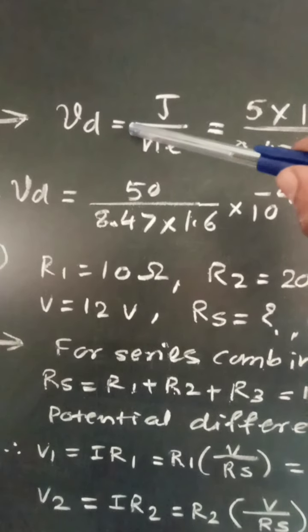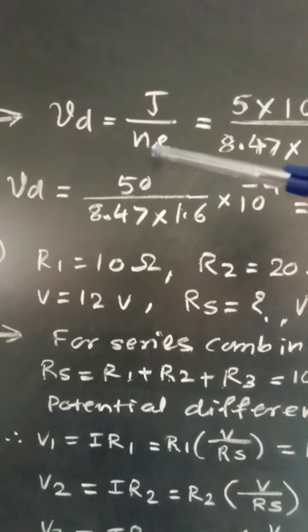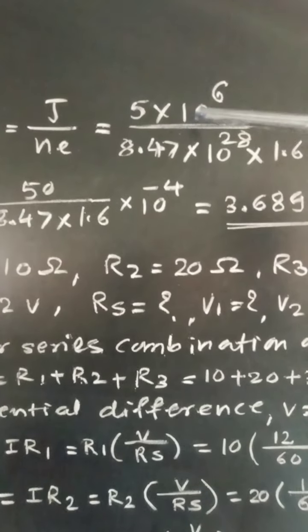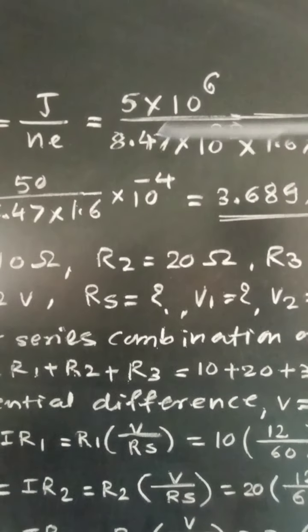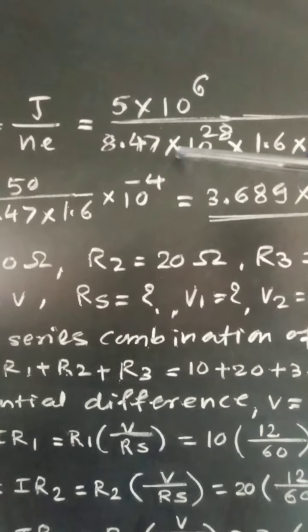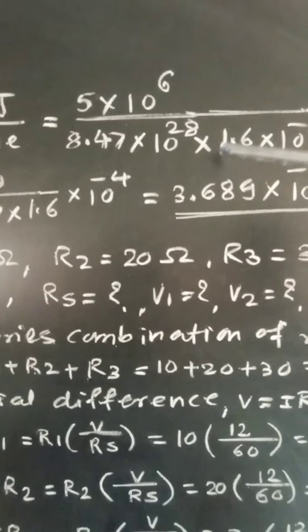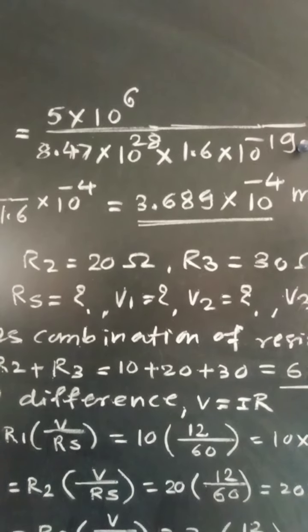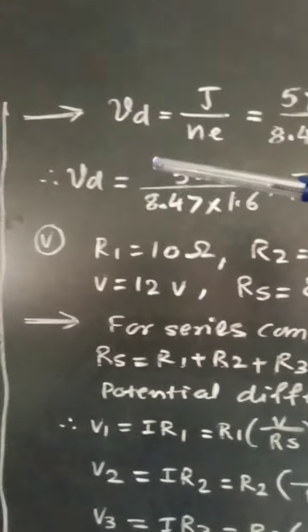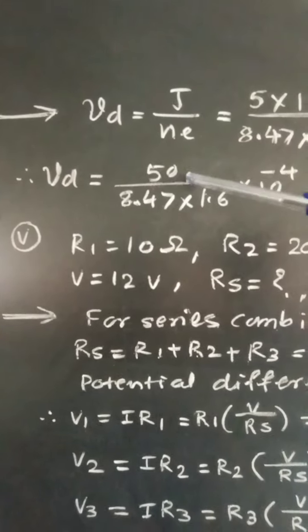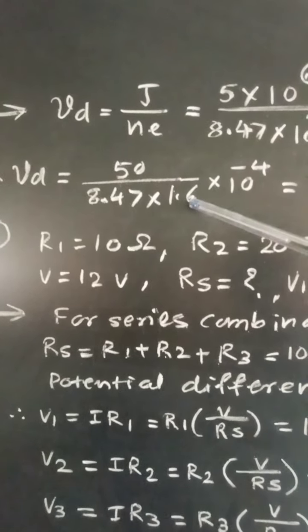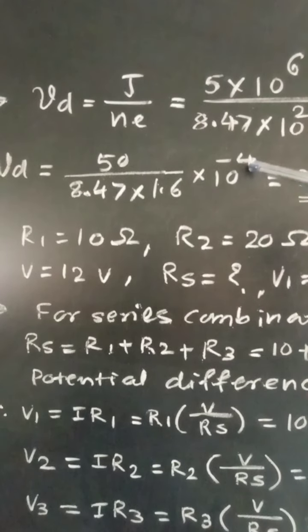Drift velocity Vd is equal to current density upon Ne, that is J upon Ne, that will be written as 5 into 10 raised to 6 upon 8.47 into 10 raised to 28 into 1.6 into 10 raised to minus 19. Simplifying this, we will get Vd is equal to 50 upon 8.47 into 1.6 into 10 raised to minus 4.